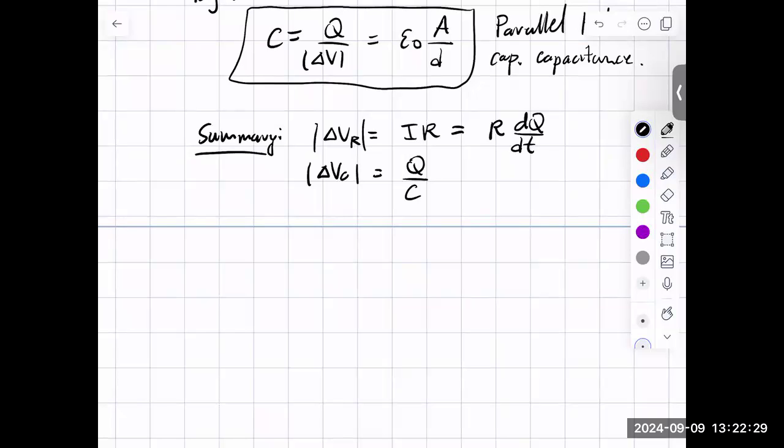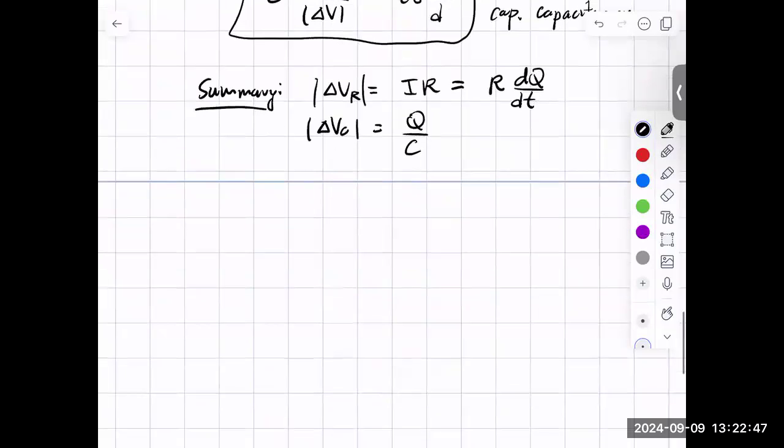If you start having more complicated circuits that involve resistors and capacitors, now you have things that involve charge and the derivative of charge, and so that's a differential equation. We're going to have to develop techniques to solve that problem. That's where all of this is leading.